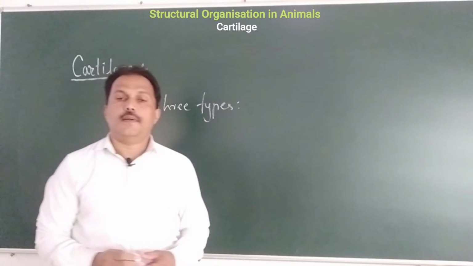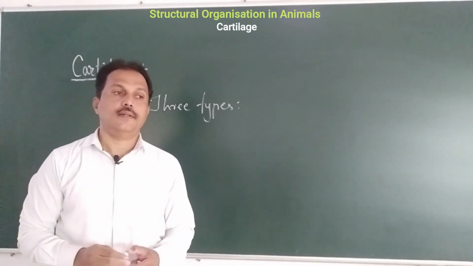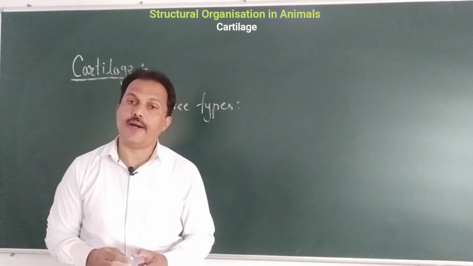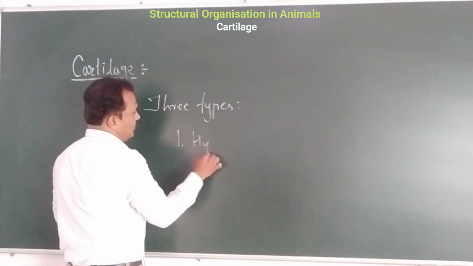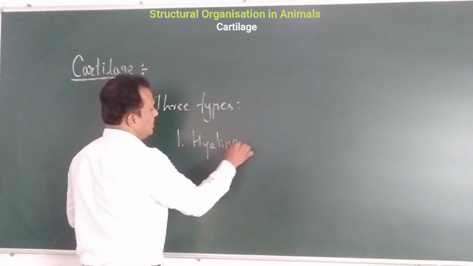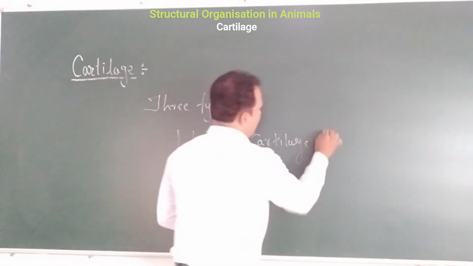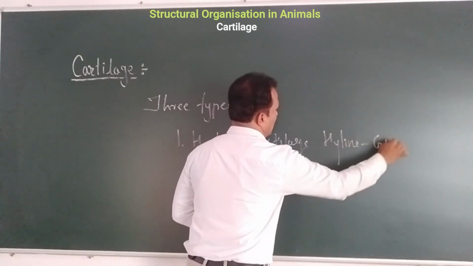Depending upon the type of matrix and the type of fibers present in the matrix, cartilage is divided into 3 types. Number 1 is hyaline cartilage. Hyaline is the term used for glass.